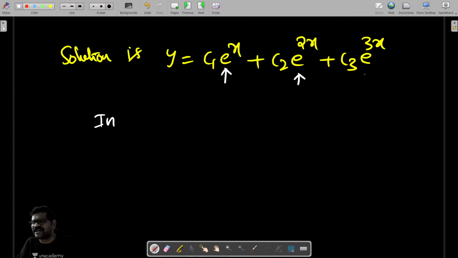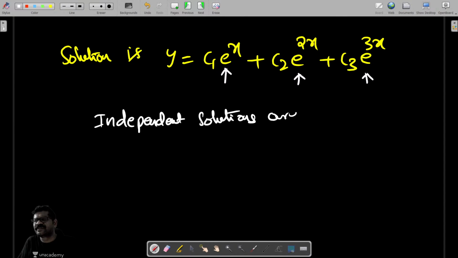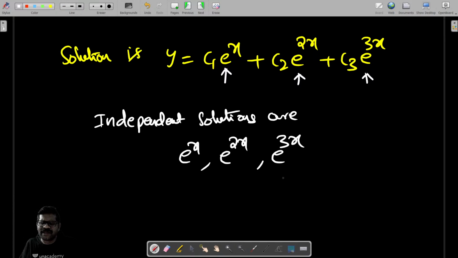These are called independent solutions. The independent solutions are e power x, e power 2x, e power 3x. After finding independent solutions, you have to calculate Wronskian. What is Wronskian here?